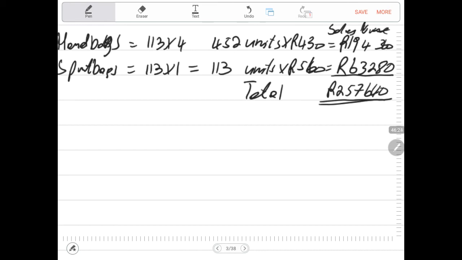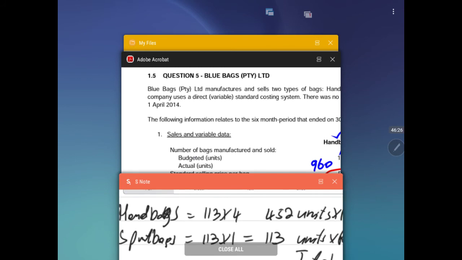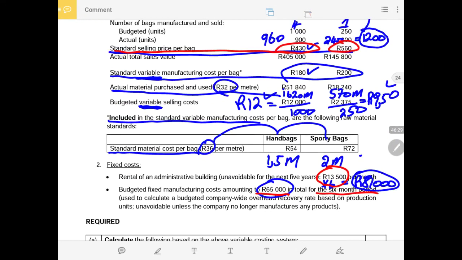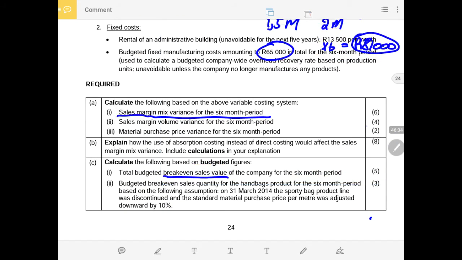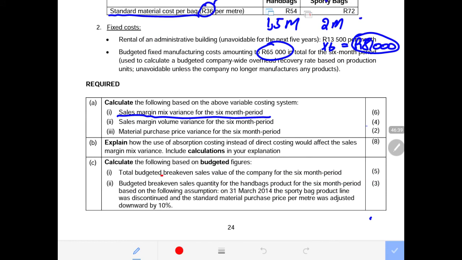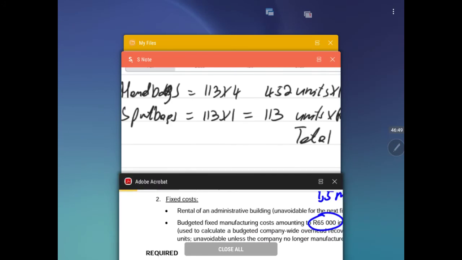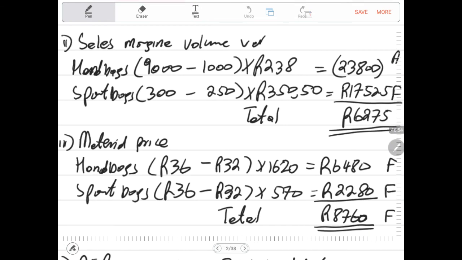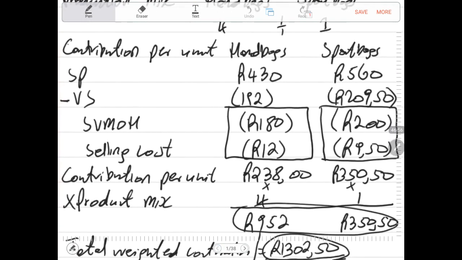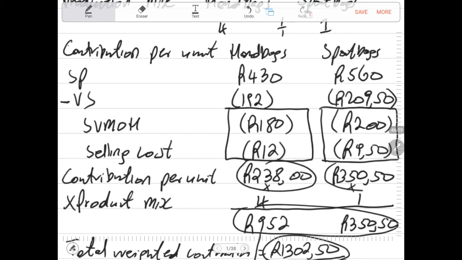Now we continue to the last part of this requirement. I just want to highlight the last part. If the requirement was to calculate the contribution at the break-even point, we would have to multiply by the contribution. Our contribution, we have seen it to be 238 and 350.50.